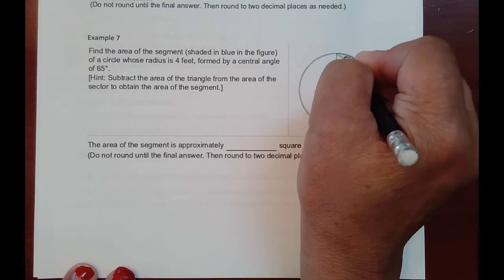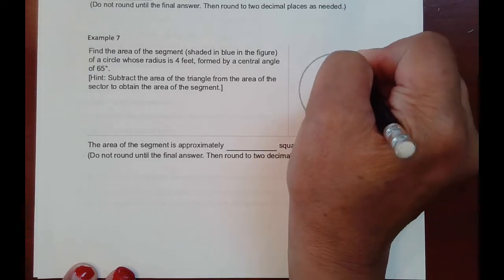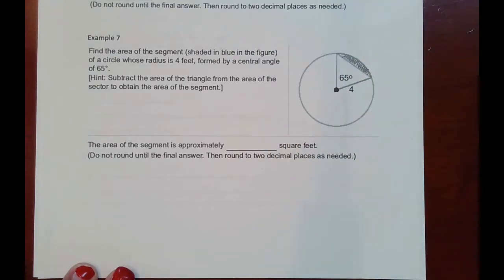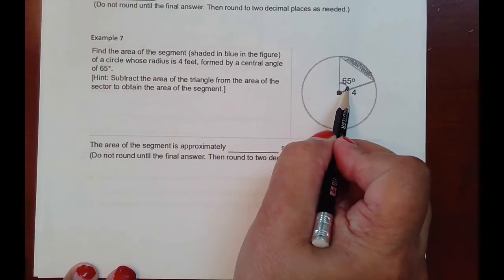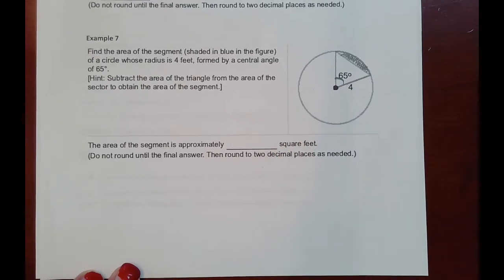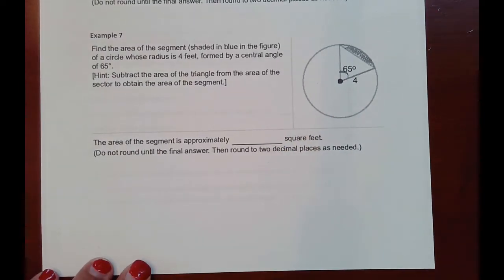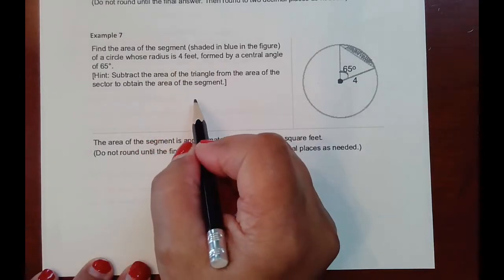So they want you to find the area of that little piece right in there of the circle whose radius is 4, formed by a central angle. That means an angle at the center of the circle of 65 degrees. Subtract the area of the triangle. They give you a little hint here: subtract the area of the triangle from the area of the sector. That means you need to know both formulas.